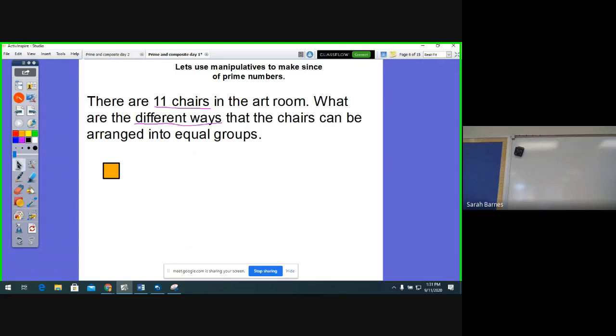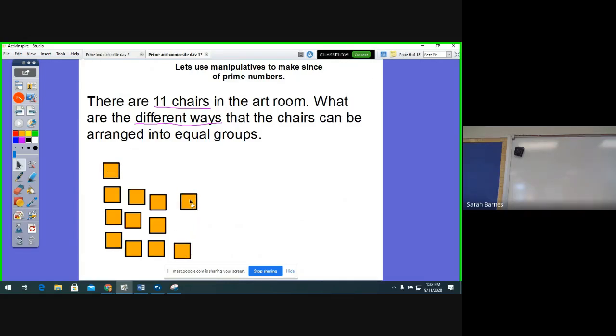Okay. So we got 11 chairs and we have to put 2 different ways down. So let's see. I could do 1, 2, 3, 4, 5, 6, 7, 8, 9, 10, 11.